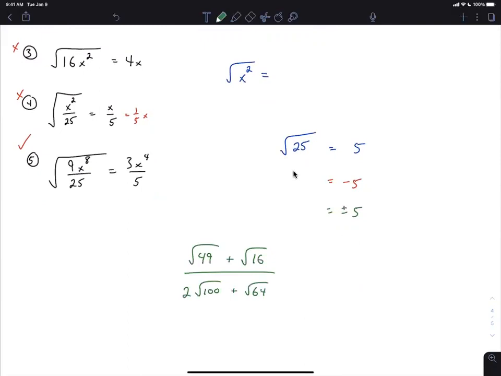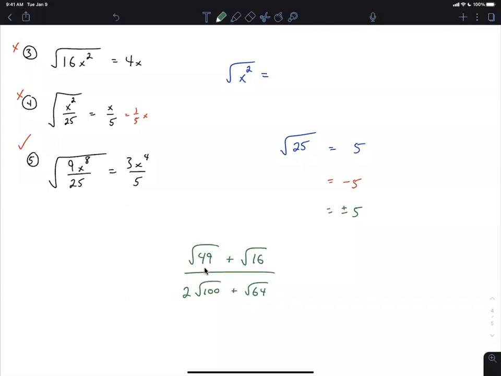If the square root of 25 is plus or minus 5, then this is 7 or -7. This is 4 or -4. This is 10 or -10. And this is 8 or -8.